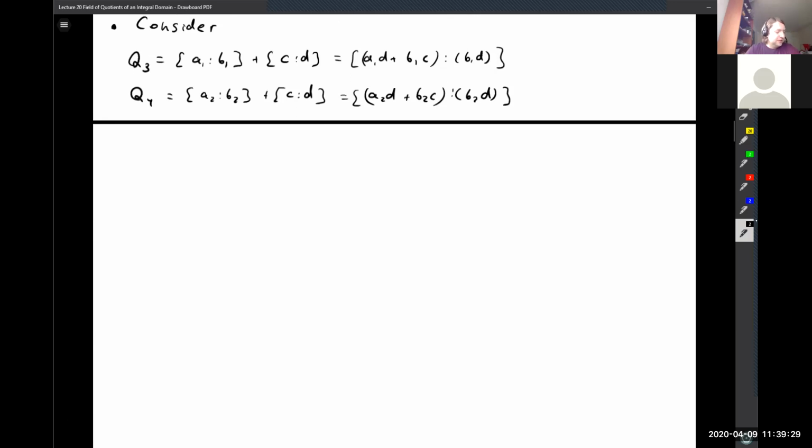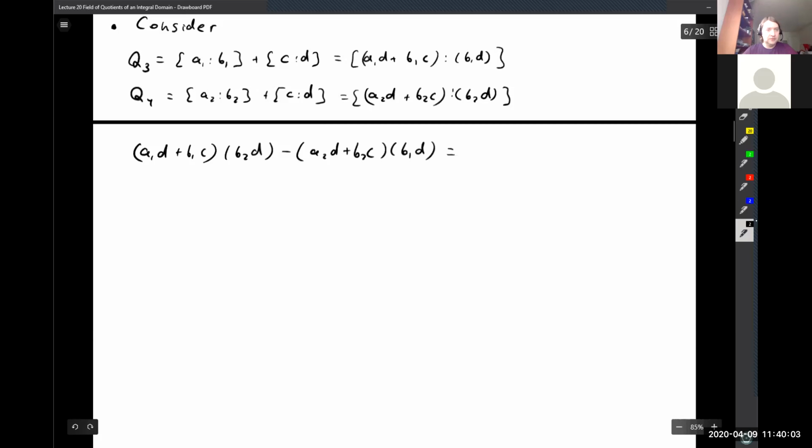So let's look at the difference of (A1D plus B1C) multiplied by B2D and (A2D plus B2C) multiplied by B1D. If this difference is 0, then the quotients Q3 and Q4 are also equivalent to each other. Let's factor everything as much as we can.